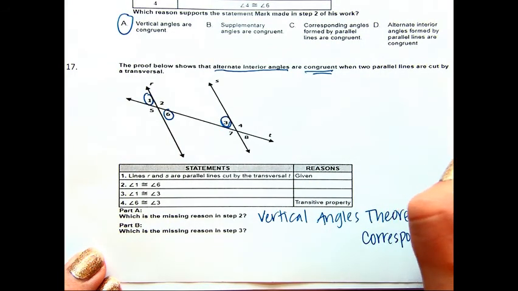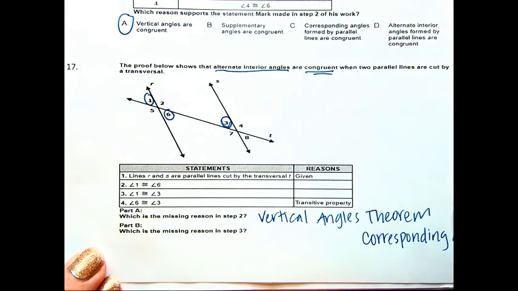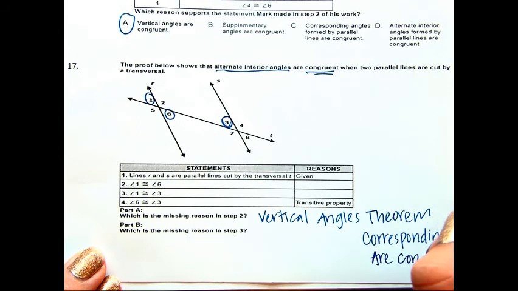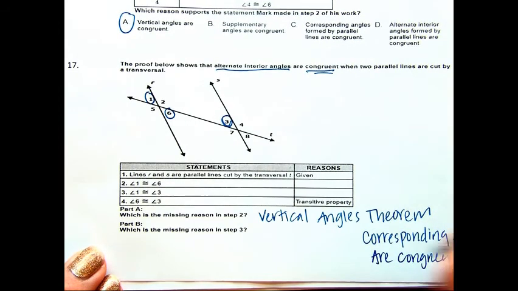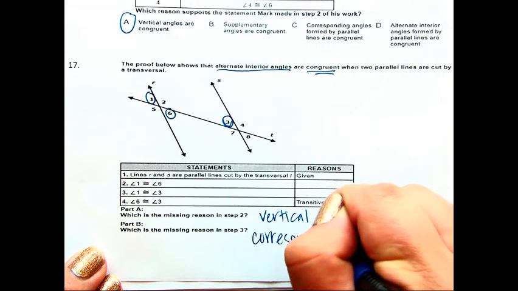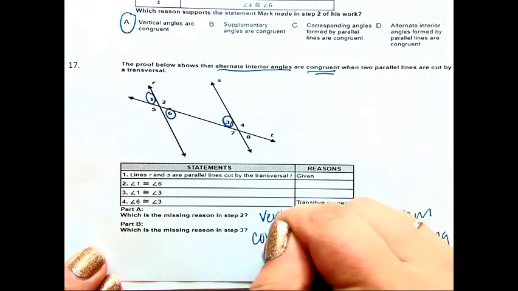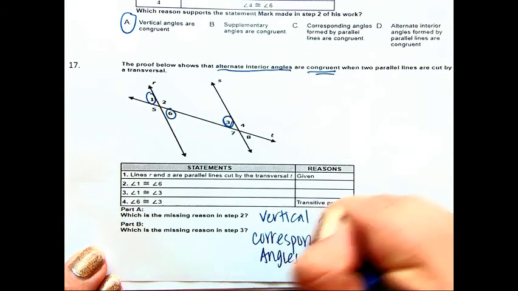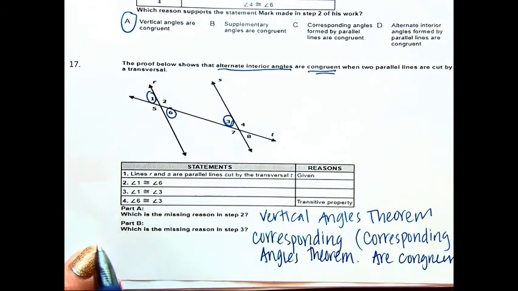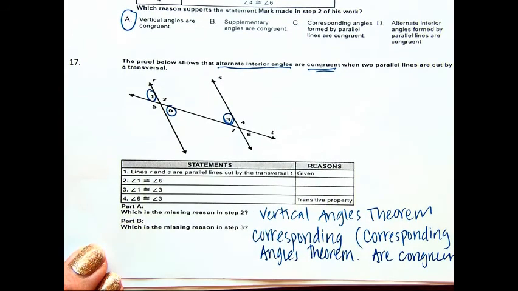Corresponding angles are congruent. So we're going to say corresponding angles theorem. And if that's true, then we can say that angle 6 and angle 3 are congruent.